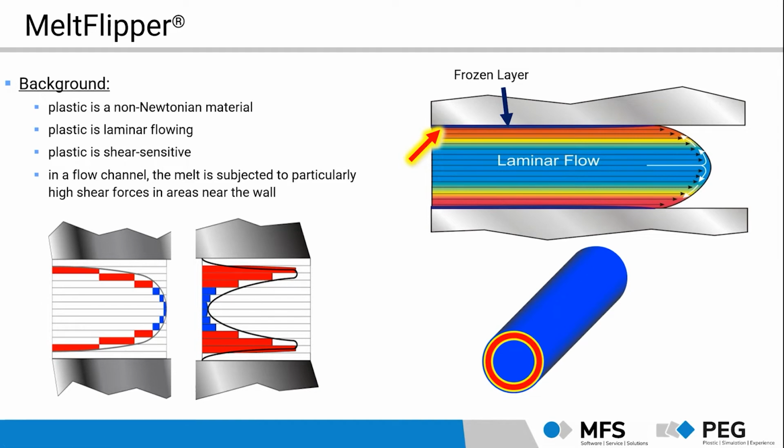This is what we can see here. And this leads to, let's call it, donut geometry in the channel, which means that we do not have a uniform shear effect on the material over the cross-section of the channel. You can see this down here in this picture. This is the donut geometry that I was talking about.